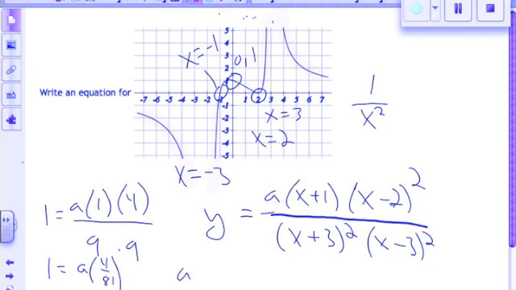If I multiply by the reciprocal, a should be equal to 81 over 4. So what I can do is write my function like this.